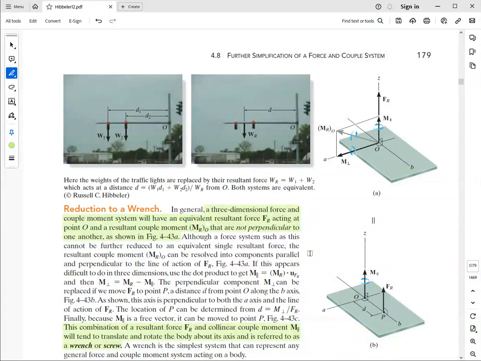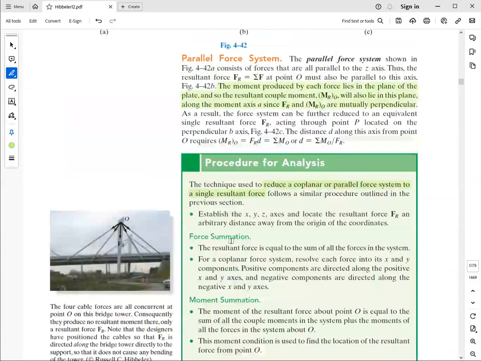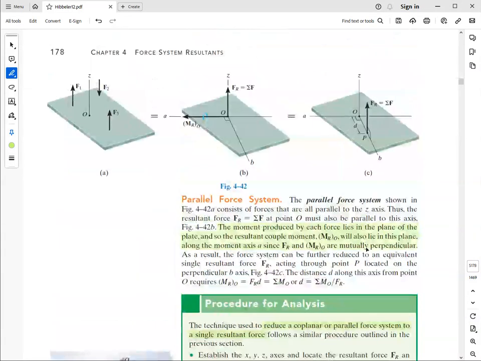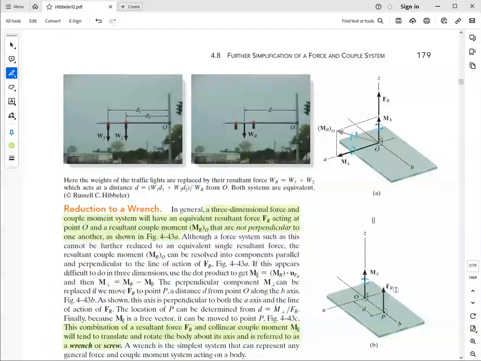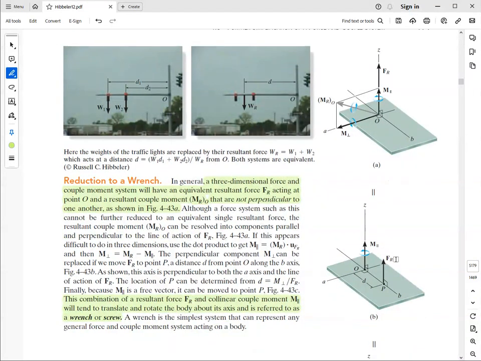If these are forces that are parallel, we can also have forces at some orientation that cause moments in several directions maybe.